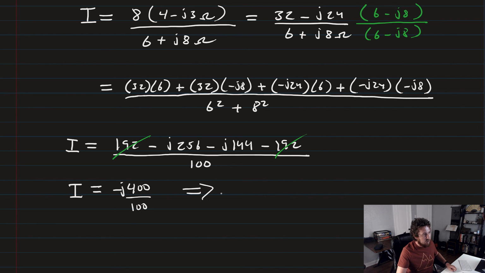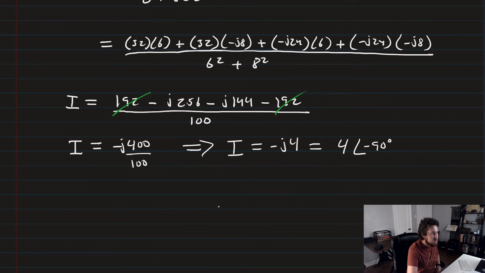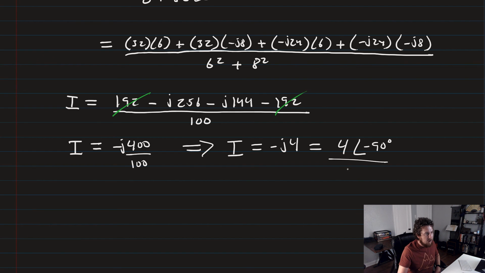So therefore our phasor I is equal to just minus J4, which in phasor form is just 4 at an angle. Since it's minus J4, that would be minus 90 degrees, since it's just an imaginary component. So that's our final answer there.